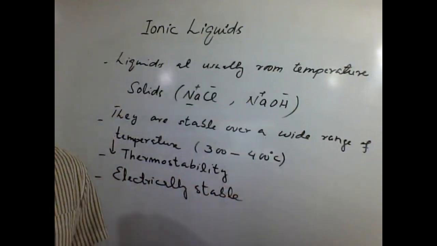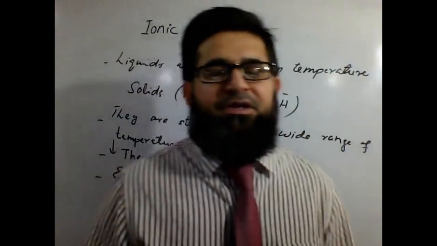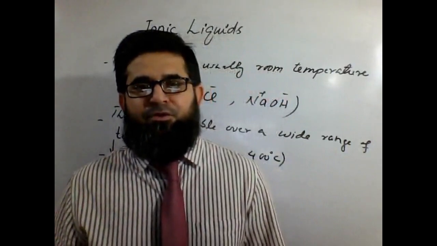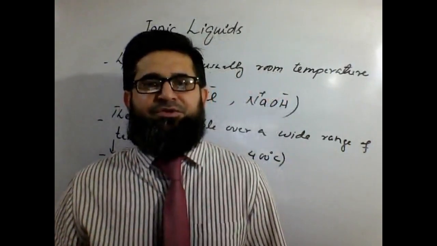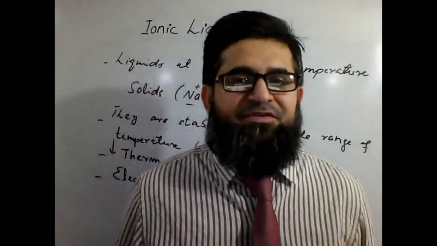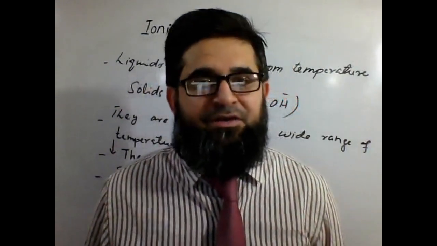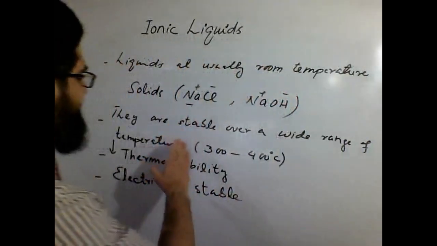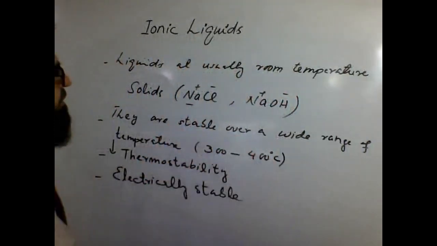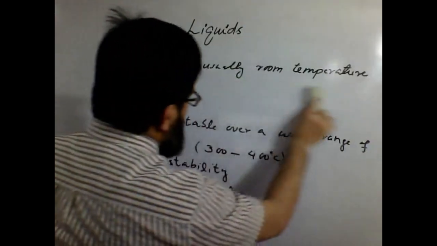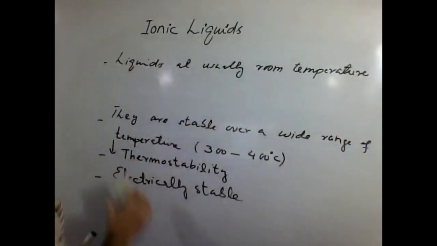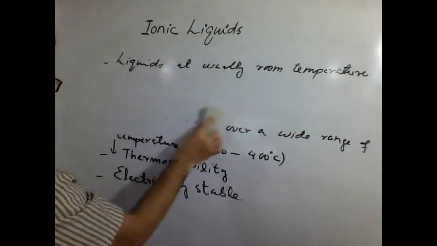Electrostability is also there, means they won't decompose. No change in their physical state, no change in chemical structure. So they are thermally stable, they are physically stable over a wide range of temperature, like 300 to 400 degrees.